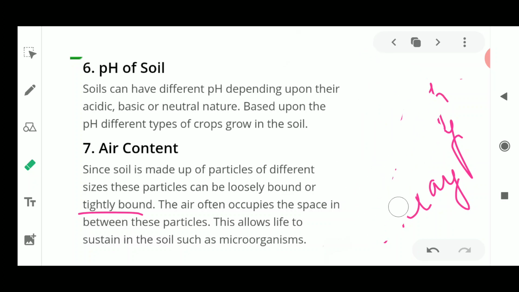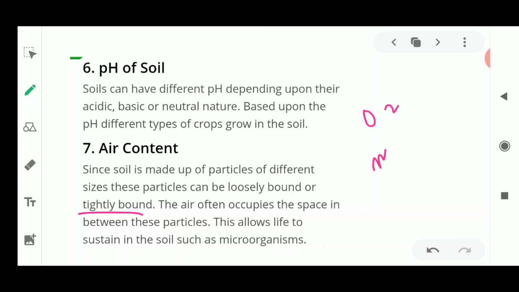Now why is this air important? This air contains oxygen, and microorganisms and macroorganisms are living in the soil. Micro means very tiny, and macro means big organisms, which you could see with your eyes.